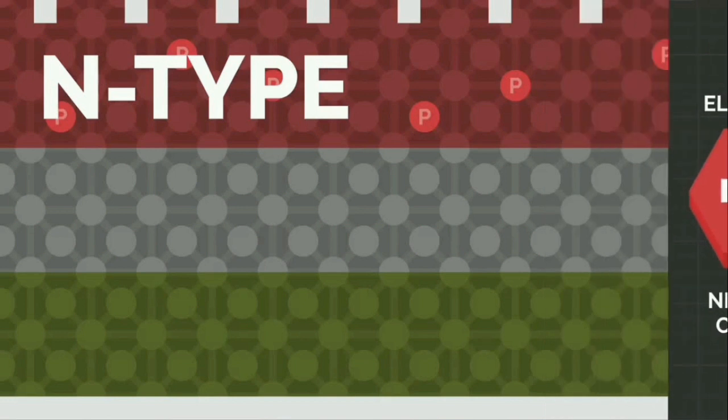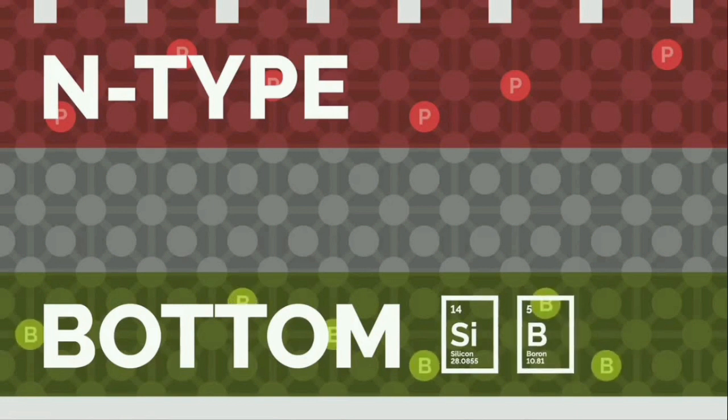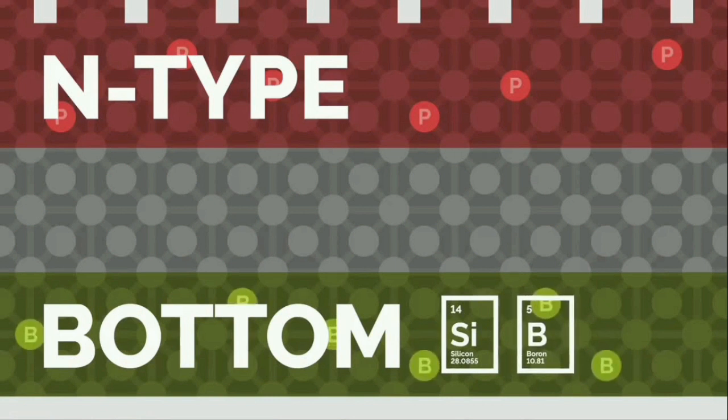transport of electrons. The thin bottom layer contains both silicon and an element such as boron that has fewer electrons than silicon.